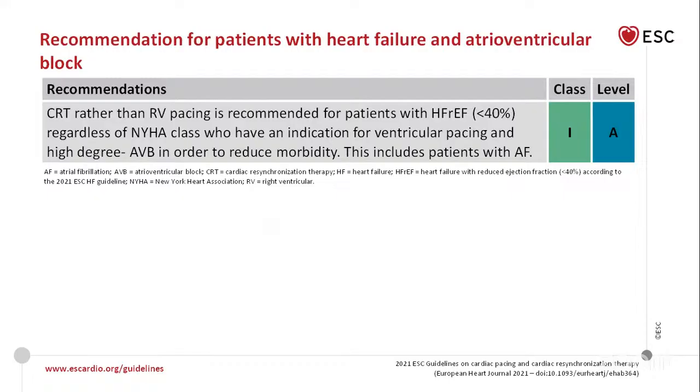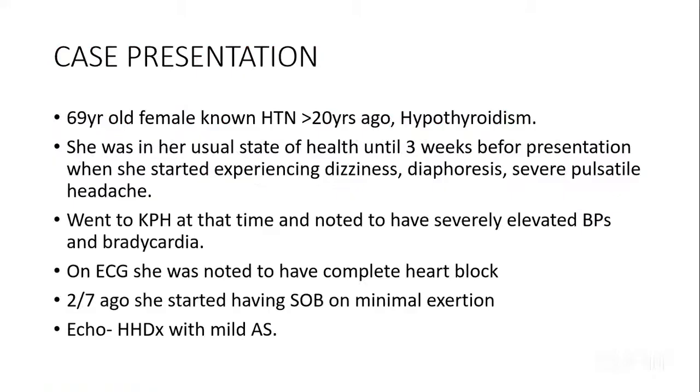But for patients with cardiac resynchronization therapy, you have wires in the right atrium, right ventricle, and behind the left ventricle, so that we can coordinate the activity of both ventricles at the same time.